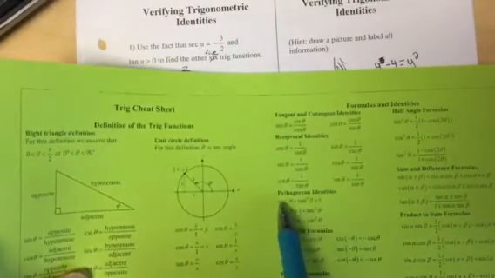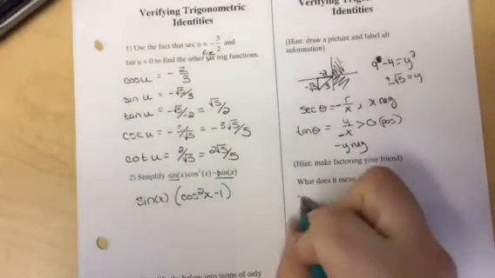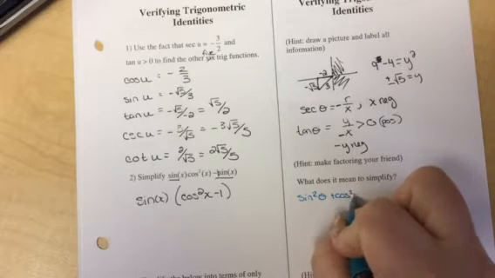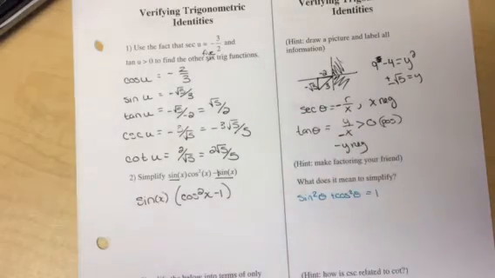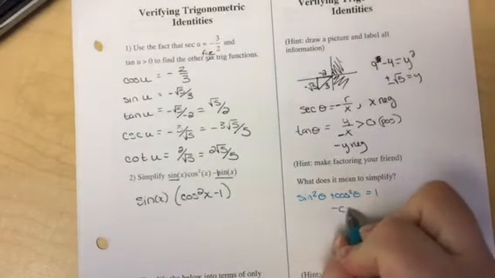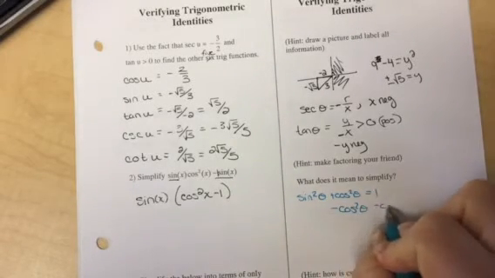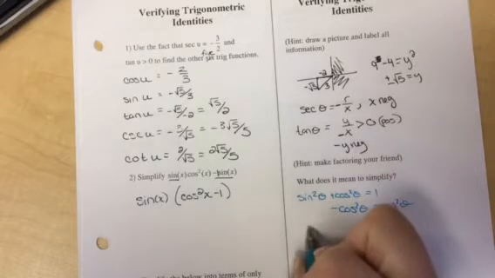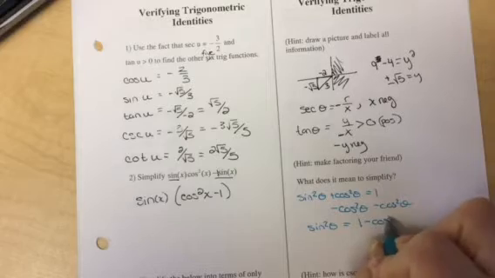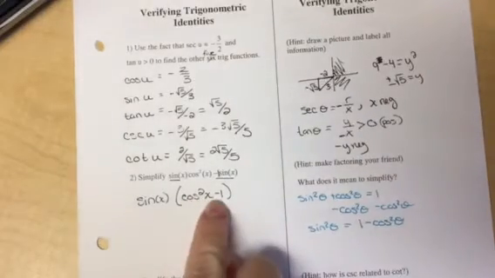So I'm going to copy this top one down, sine squared theta plus cosine squared theta equals 1. Well, I don't have a sine squared, I have a cosine squared and a 1, so I'm going to move my cosine squared over. So I know that sine squared theta is equal to 1 minus cosine squared theta, which isn't quite this.